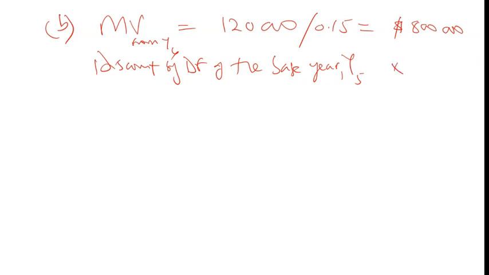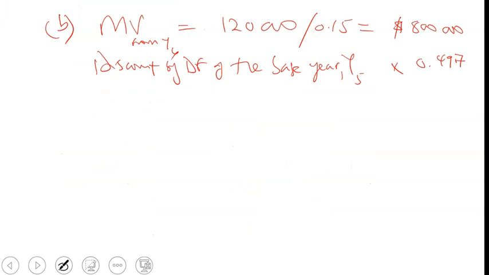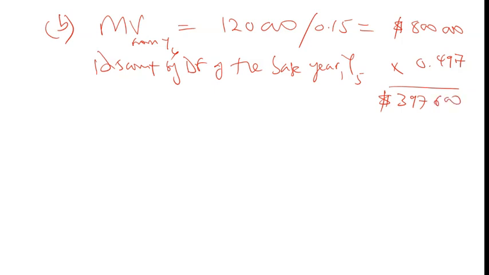So multiply by the year 5 discount factor, which was 0.497, and we must get 397,600.